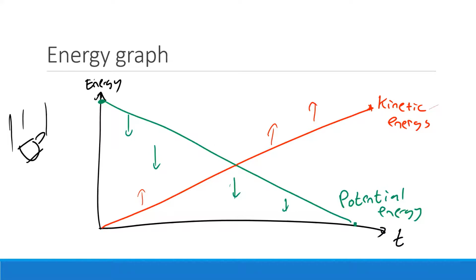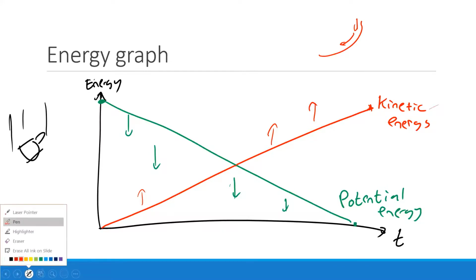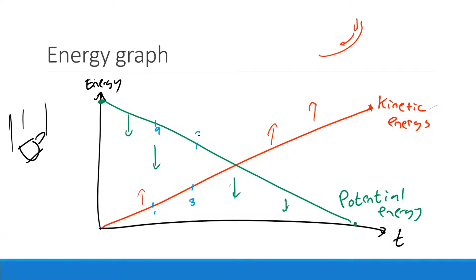But if you were to look at something like a spring, or a ball rolling down a hill, these may not necessarily be linear graphs. But if you were to add these two graphs together, say this is 1 and this is 9, or this is 3 and this is 7, whatever, you would get a line that looks like this.